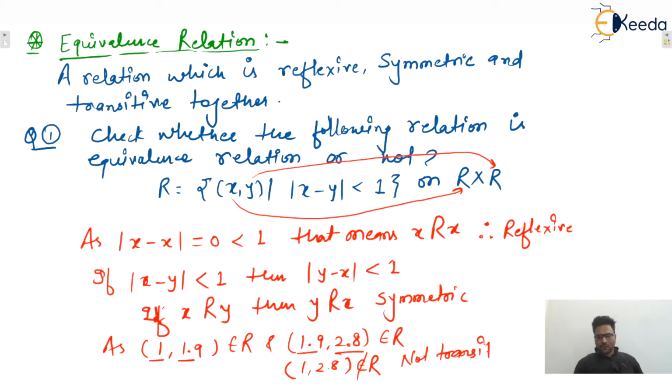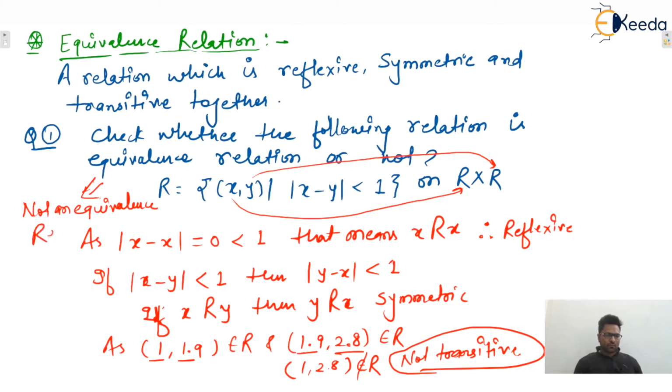So we pick one counter example, and based on that we can conclude that it is not transitive. So overall this relation is reflexive as well as symmetric but not transitive. Hence this relation is not an equivalence relation, isn't it?